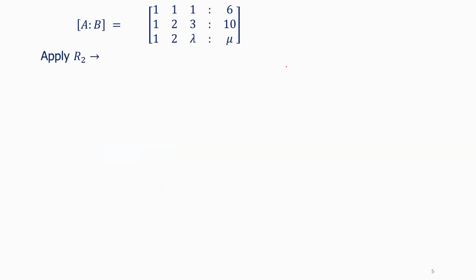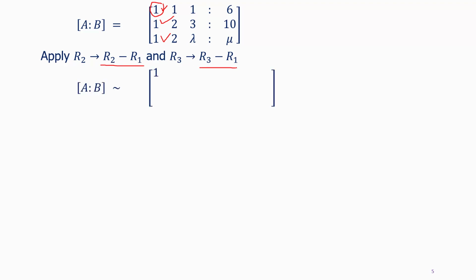Now here, if you want to convert this matrix to its equivalent form, we have to ask the question, is a11 equal to 1? Yes, here a11 is 1. So with the help of this 1, we have to make these entries 0 by applying the operations R2 minus R1 and R3 minus R1. So the reduced matrix has no change in the first row, and the second row will become like this.